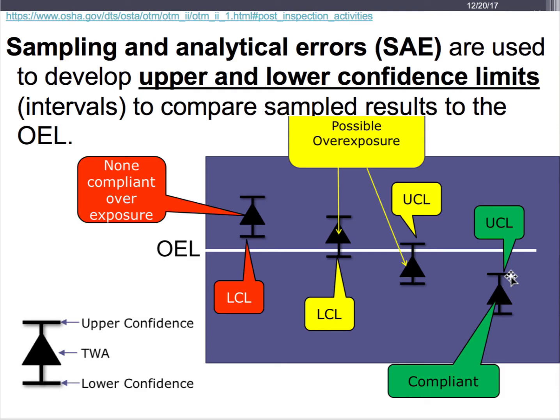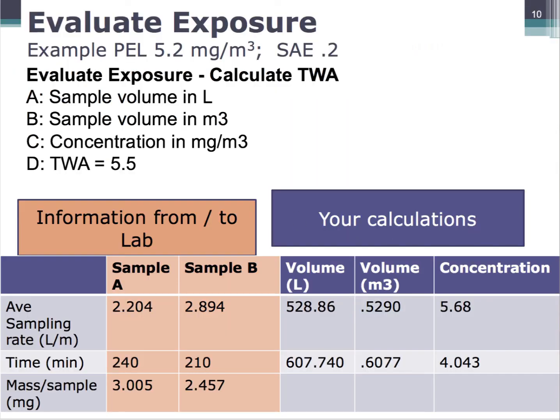Where we're unsure of whether an overexposure exists or not is when our lower confidence limit falls below 1, or below our occupational exposure limit. In this example, our time-weighted average would have come out above our occupational exposure limit, just like in our example that we did together.